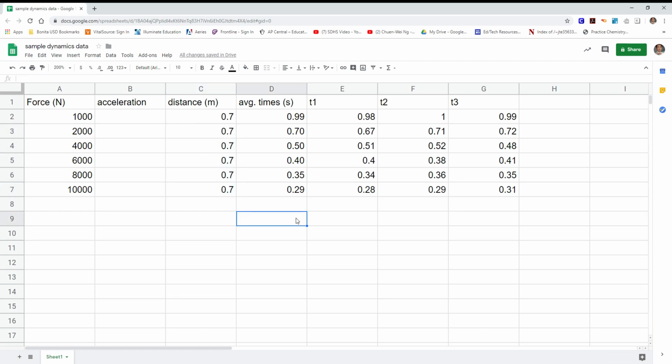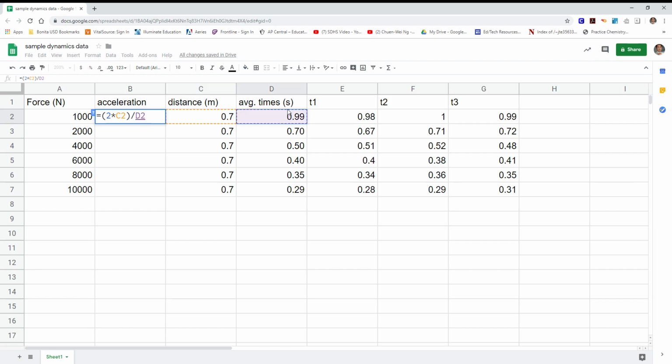Okay, this is the equation that's the hardest to put in, so let me show you. The formula to find acceleration is equal to 2x over t squared, meaning this little box needs to be equal to 2x, 2 times the distance. I'm going to do open parentheses, 2 times this distance, close parentheses, divided by t squared. So I got to do this thing squared.